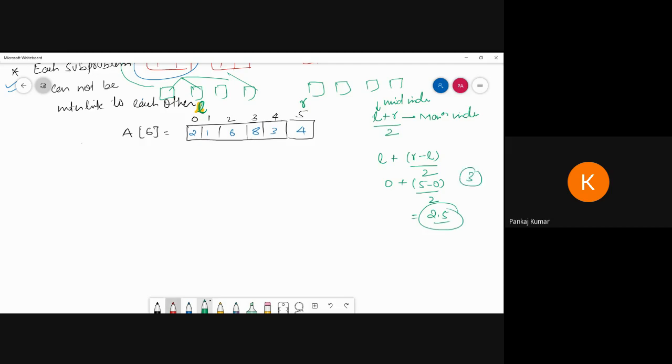We could go one step ahead, to more than 2.5, but in a standard book they take the floor value. The floor value is 2. Is it clear?